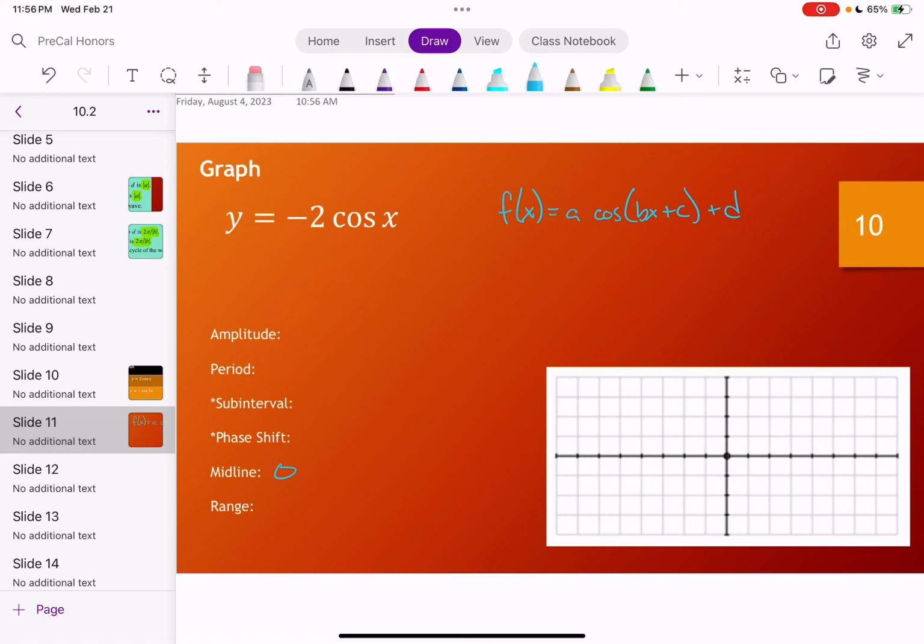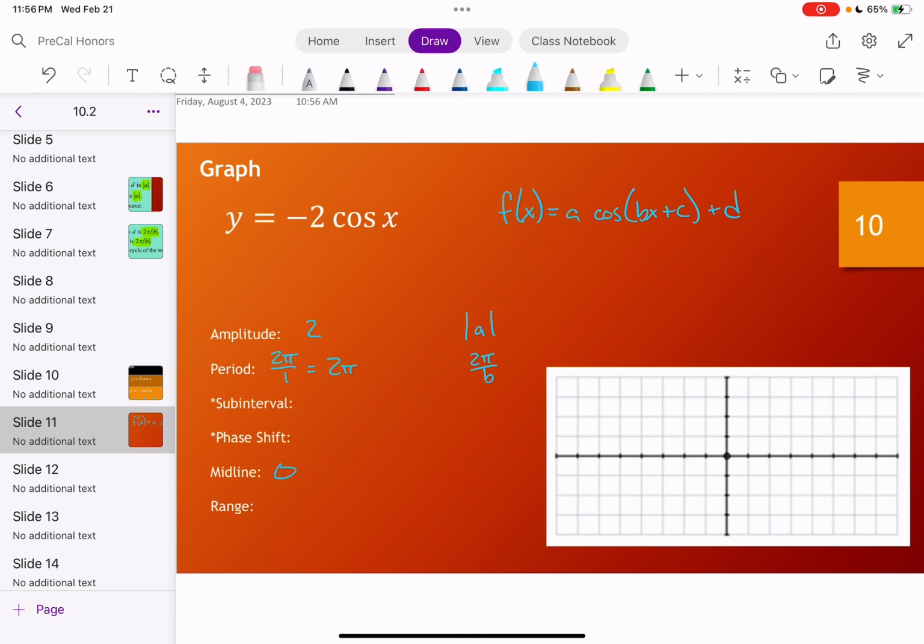Let's begin with the very beginning, which is the amplitude. The amplitude is the absolute value of a, which in this case would be 2. Your period is going to be 2 pi over b, which is 2 pi over 1, which is 2 pi.